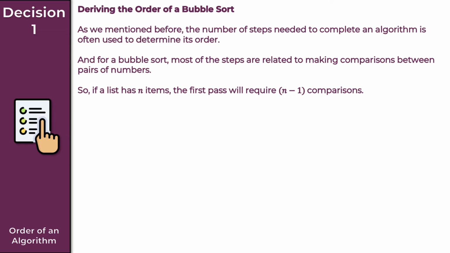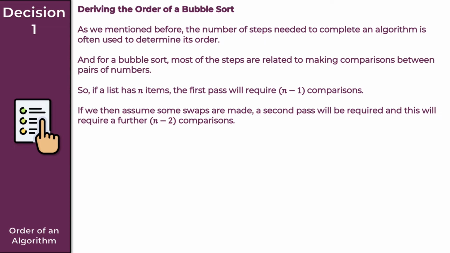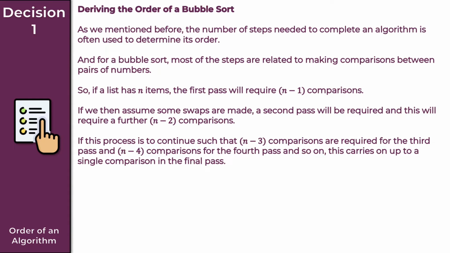So, if a list has n items, the first pass will require n-1 comparisons. If we then assume some swaps are made, a second pass will be required, and this will require a further n-2 comparisons. And if this process continues such that n-3 comparisons are required for the third pass, and n-4 comparisons for the fourth pass, and so on, this carries on up to a single comparison in the final pass.